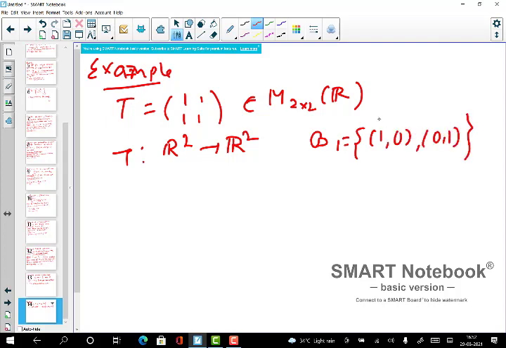The matrix will be of this form. Now you can easily find out what the map is. T of a vector (v1, v2) sends it to (v1 plus v2, v1 plus v2). This is the matrix, right?